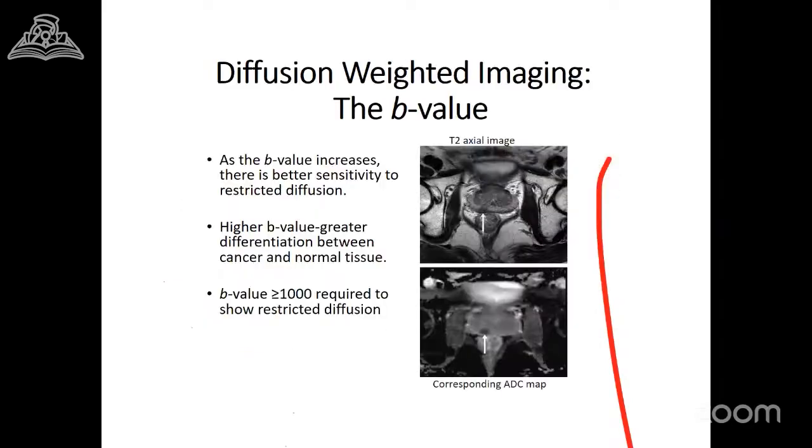In DWI, increasing the b-value increases sensitivity to restricted diffusion. Higher b-values improve contrast between cancer and normal tissue, and values of 1000 or more are typically used to detect prostate cancer.